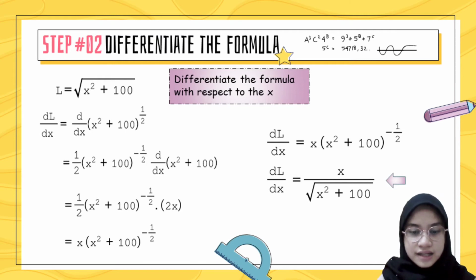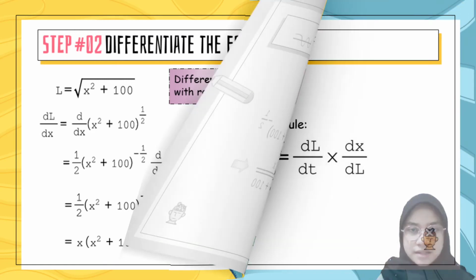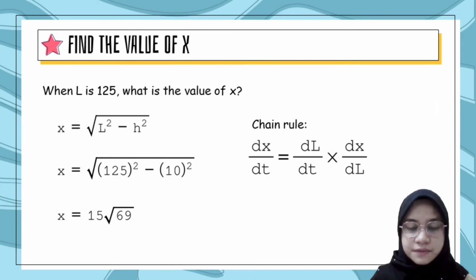So now the last step is to multiply the half in front with 2x. And lastly, the answer we will get is x over square root of x squared plus 100. Next, before we substitute the value given, we have to find x in order to find dx over dt. We know that L is 125 and we use the theorem equation to find x. And we will get x equal to 15 square root 69.